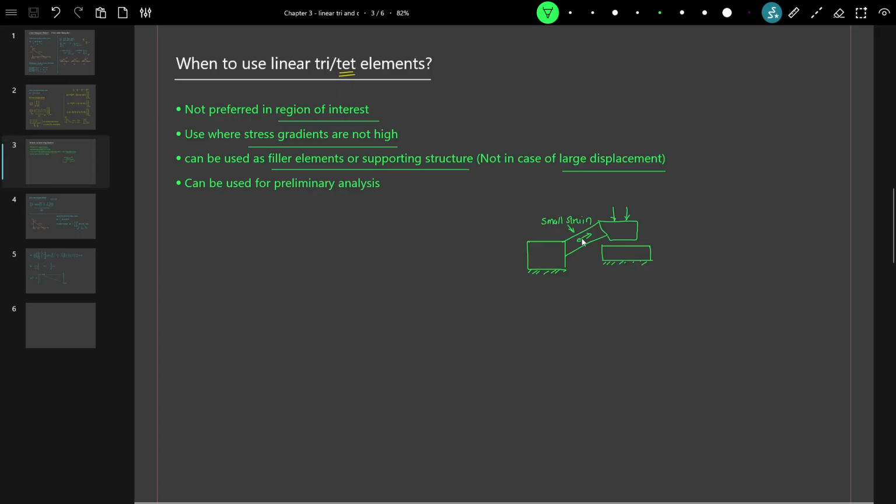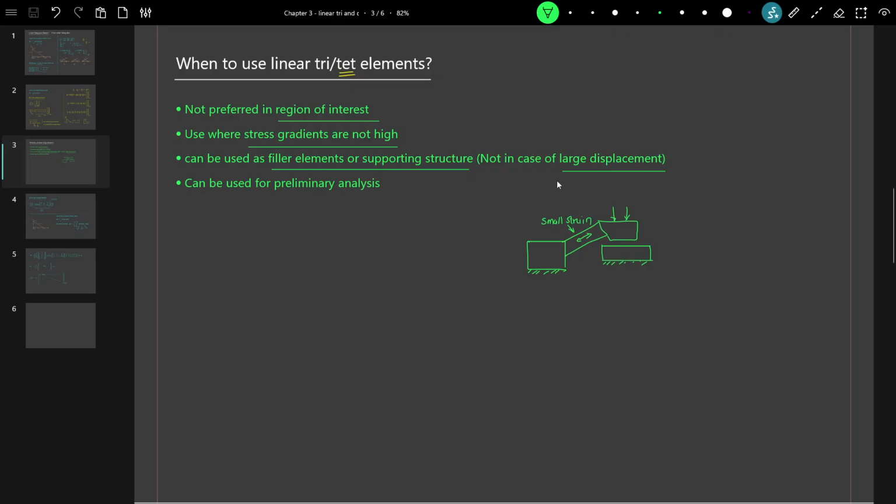So it will ultimately lead to inaccuracies in the global model. It may happen that at 10 newton it was supposed to make contact with this body, but because of the linear tri element it makes contact at 20 newton, because linear tri elements are stiffer. This may lead to inaccuracy, is what I am trying to point out. So we should not use it in case of large displacement.